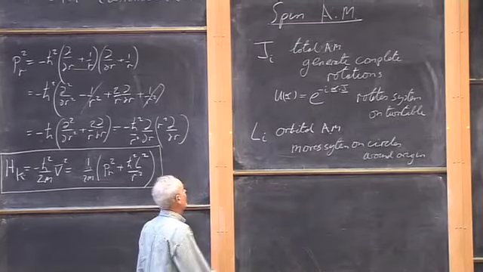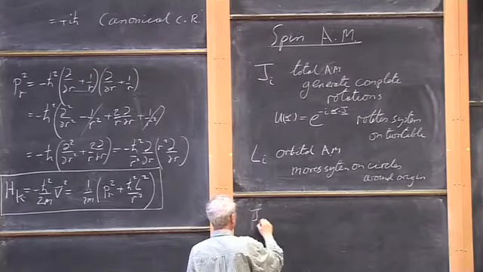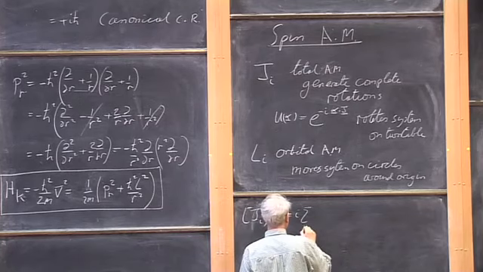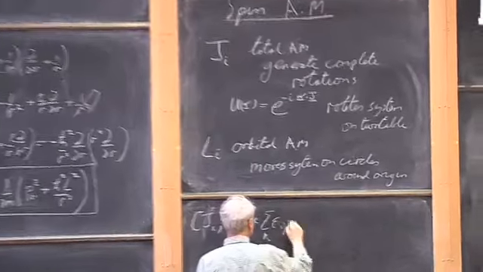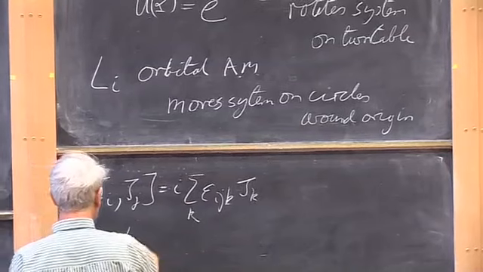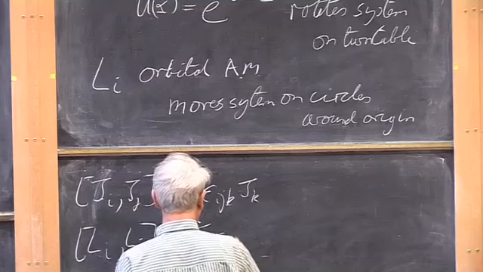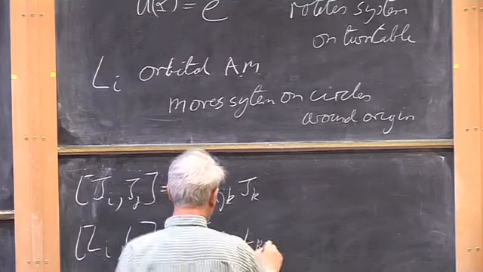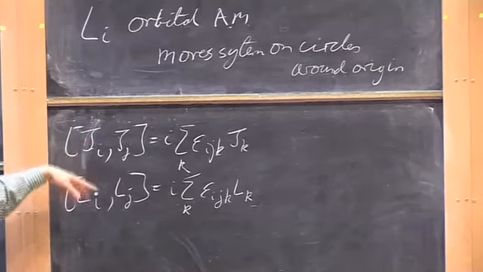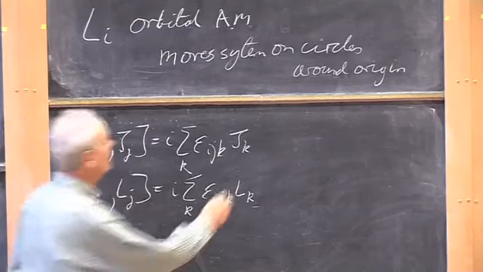And we found the commutation relations here. We found that Ji, Jj is equal to i sum over k epsilon ijk Jk, and we found that it was also true that Li, Lj was equal to i summed over k epsilon ijk Lk. They had the same commutation relations amongst themselves, these operators, which is why we could use the work we did demonstrating what the eigenvalues of these could be.